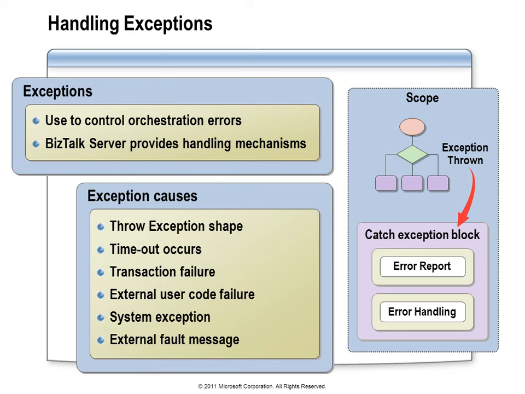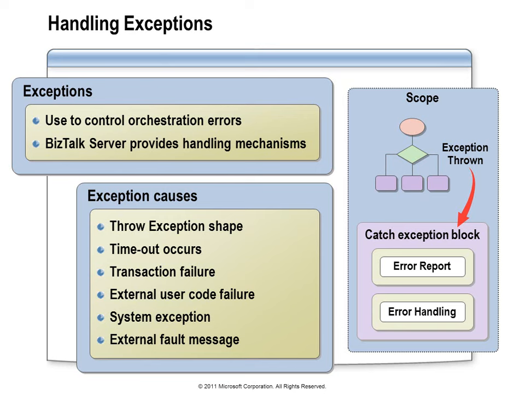Now, if your scope shape does not have an exception handler that knows how to catch the exception object that's being thrown, that exception will automatically be rethrown to the parent scope.